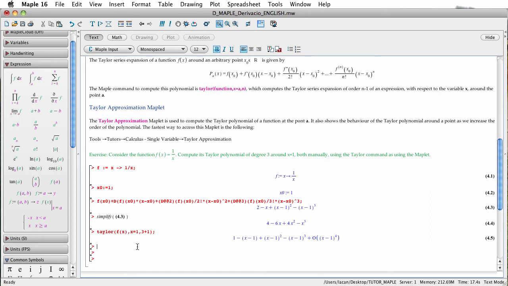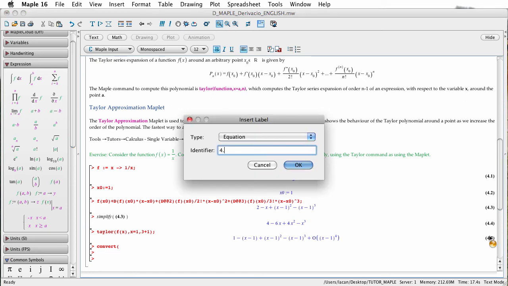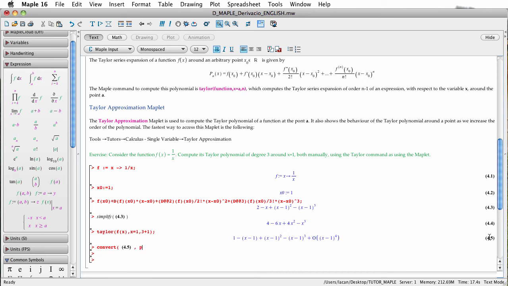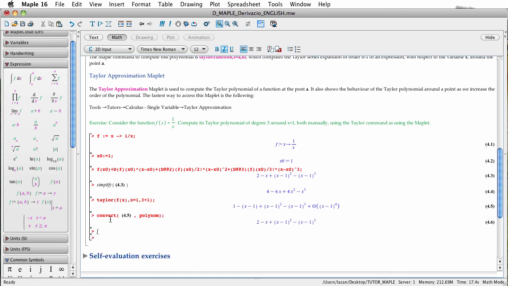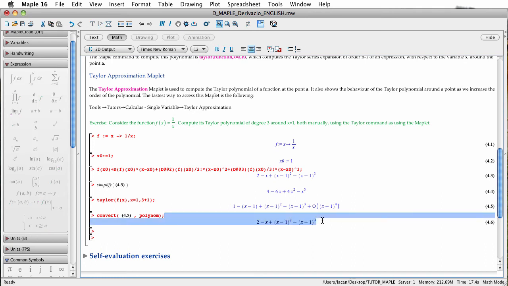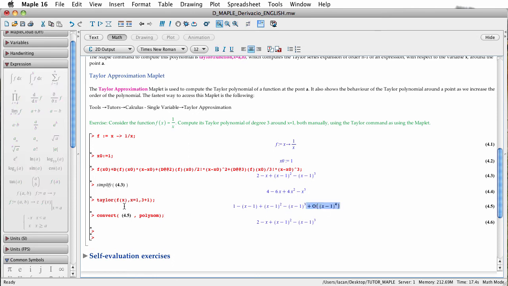So what we have to do is to convert this equation 4.5, Control L to insert a label, 4.5 into a polynomial. Okay, so when we use this command, what we see is that we get the same expression we got without the O. So if we want to use the Taylor polynomial as a polynomial, we have to use the convert.